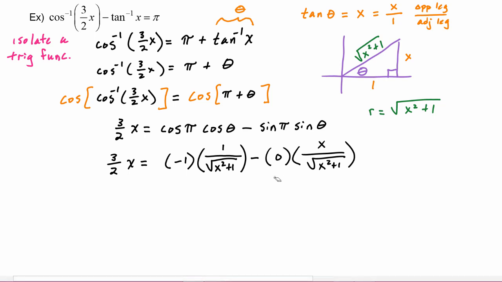Of course, this 0 will wipe out this whole term, so now we have 3/2 x is equal to negative 1 over radical x squared plus 1.